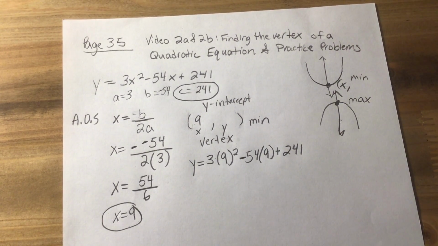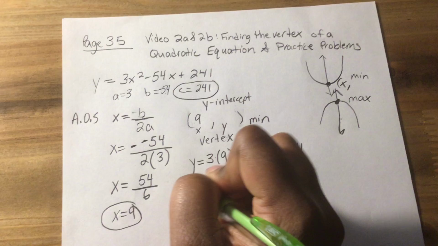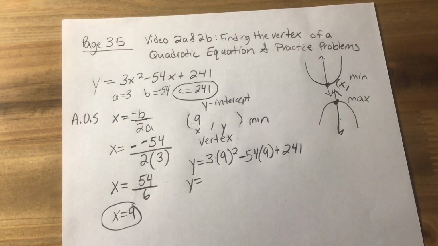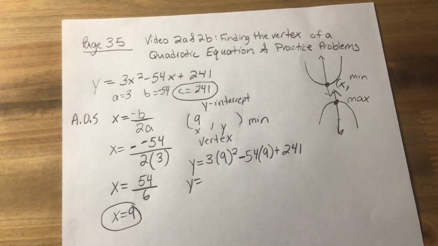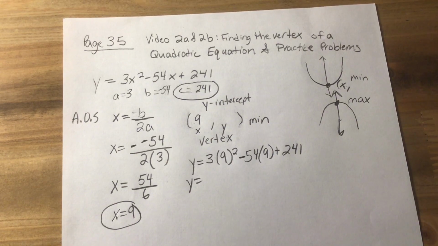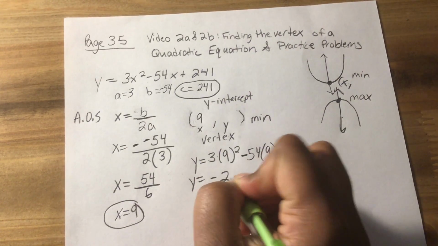When you do all of that using your order of operations, or to make this go by a little bit faster, I type all of this in my calculator, and I am going to get negative 2.